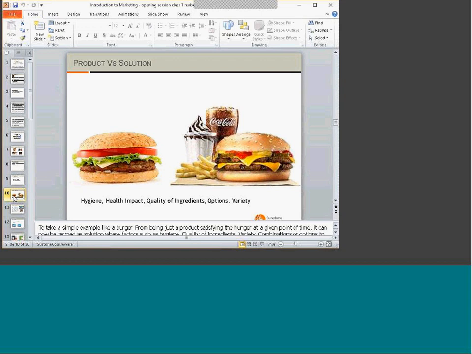The solution has parameters which include the quality of ingredients, the health impact, the hygiene, the options, the variety, and so on. Okay, so we start talking of solution in this world instead of talking of product. Tell me how solution is a better concept than product.